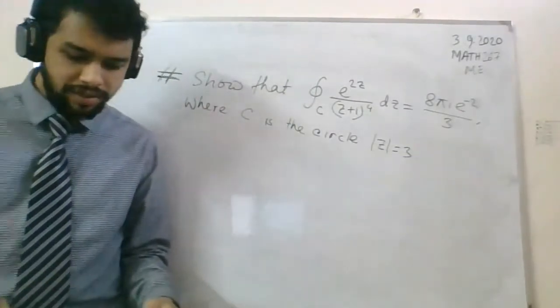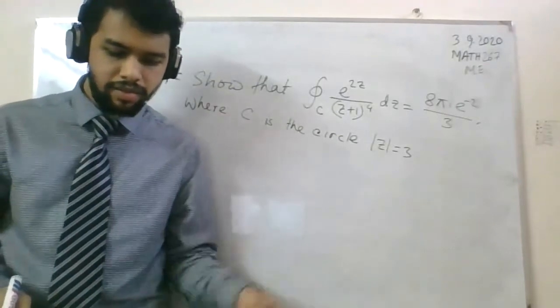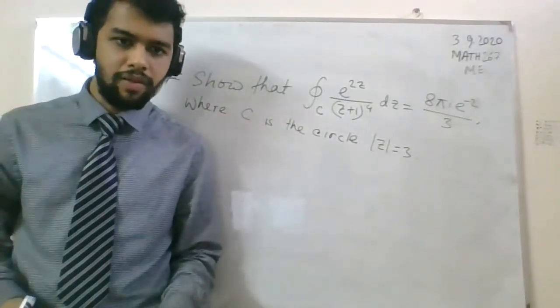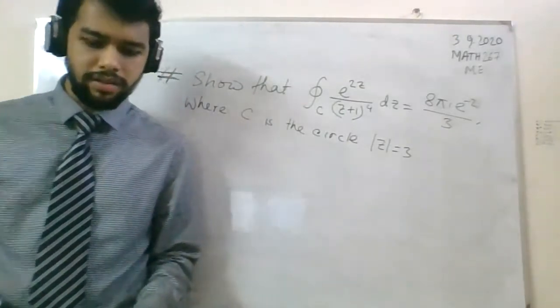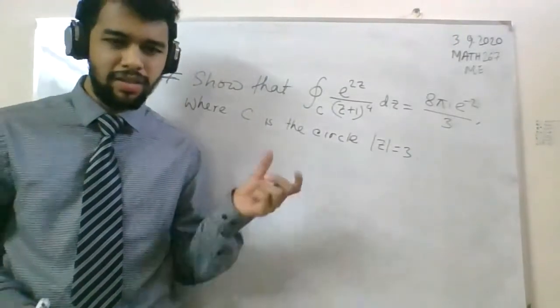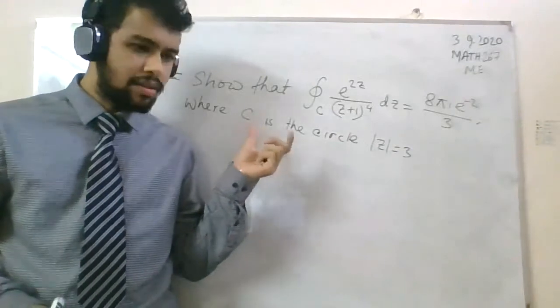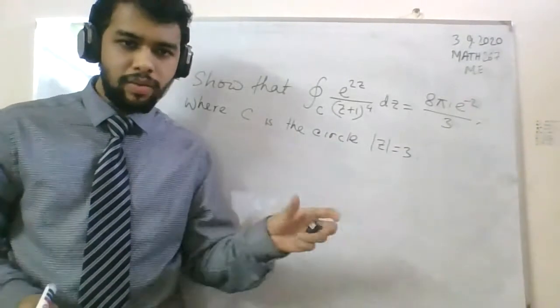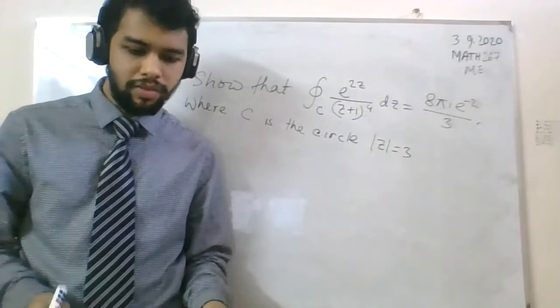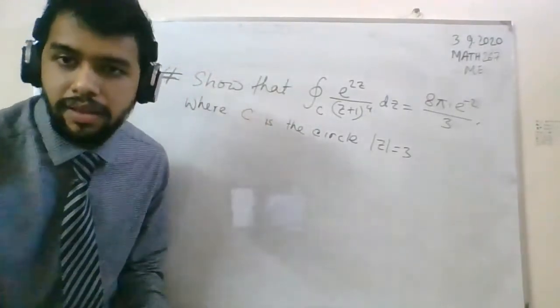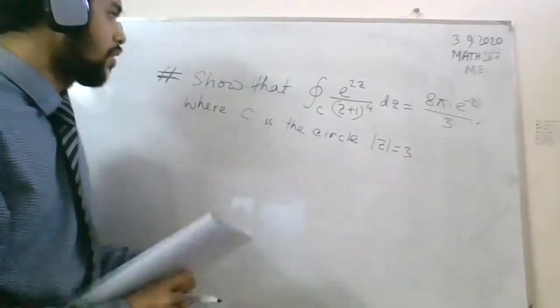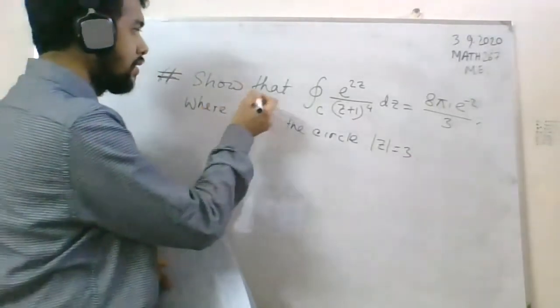So in our previous class, we already discussed the Cauchy integral formula for the first derivative, isn't it? And we also showed the Cauchy integral formula for higher derivatives. For this problem, take a look here.